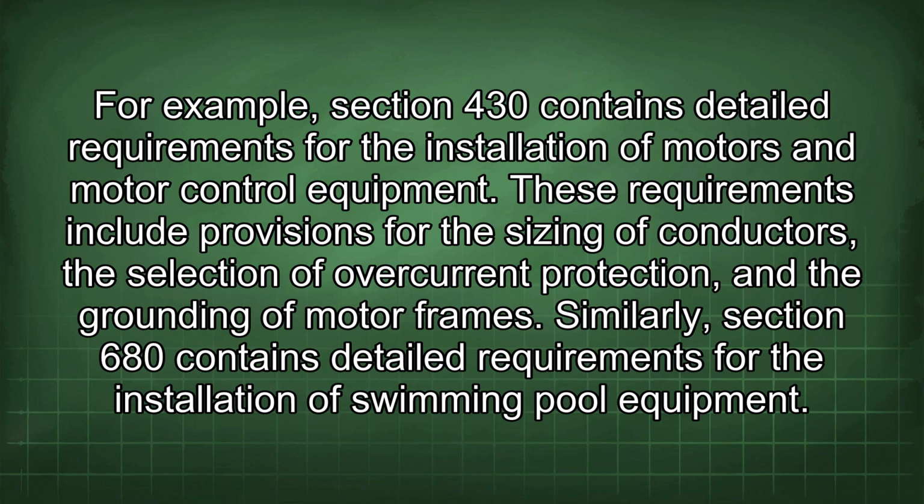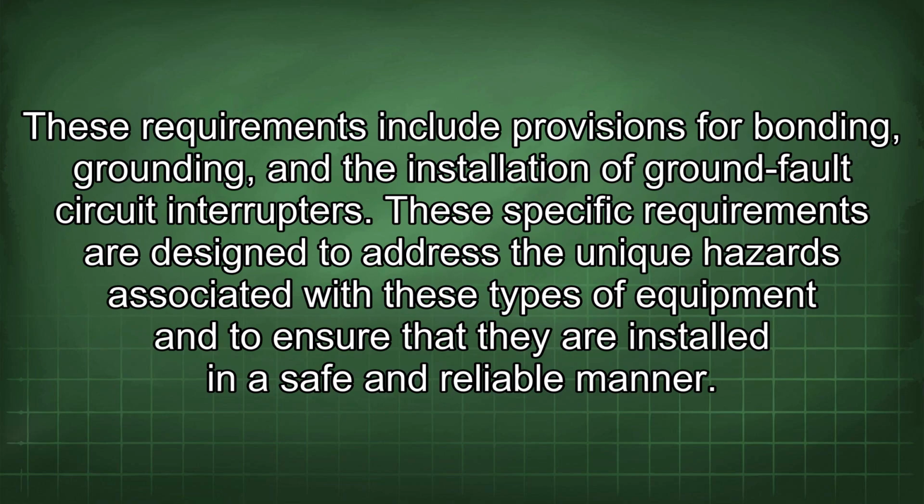Similarly, Section 680 contains detailed requirements for the installation of swimming pool equipment. These requirements include provisions for bonding, grounding, and the installation of ground fault circuit interrupters. These specific requirements are designed to address the unique hazards associated with these types of equipment and to ensure that they are installed in a safe and reliable manner.